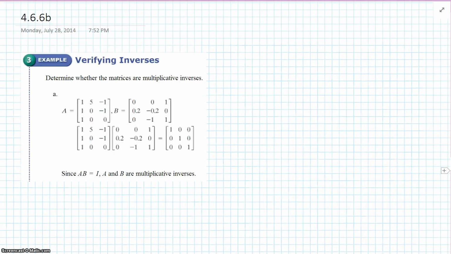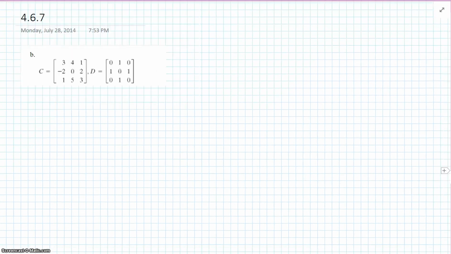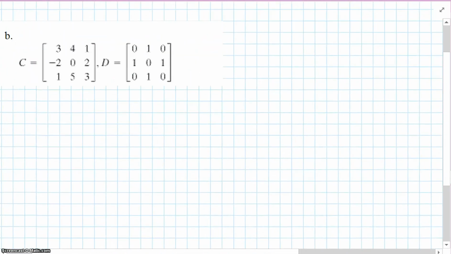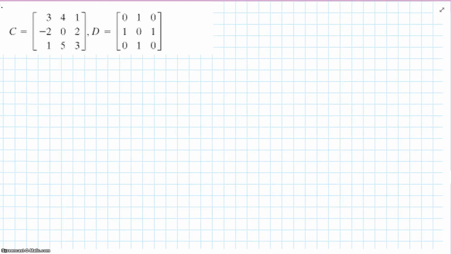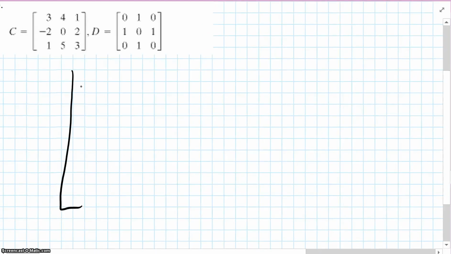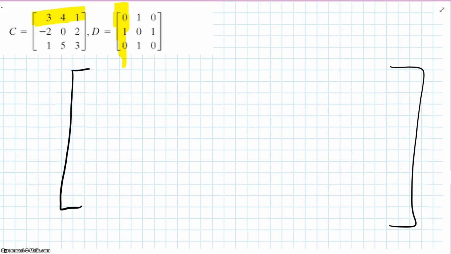All right, next example. We've got to determine whether the next two are identity matrices. Same process, okay? It might be a little tedious, but you understand. Step 1, first row times first column. All right, 3 times 0 is 0. 4 times 1 is 4, and 1 times 0 is 0.